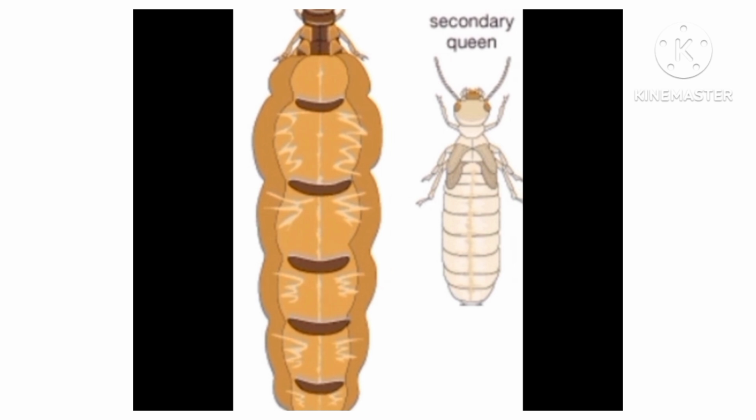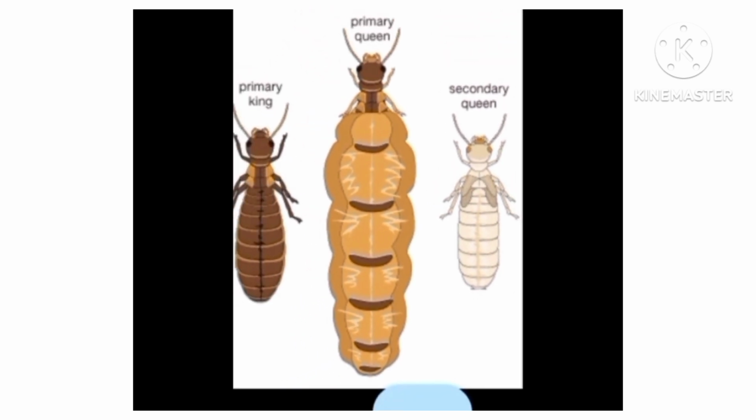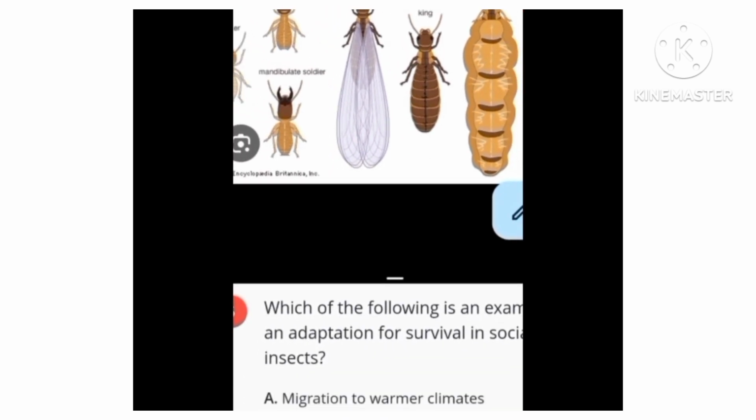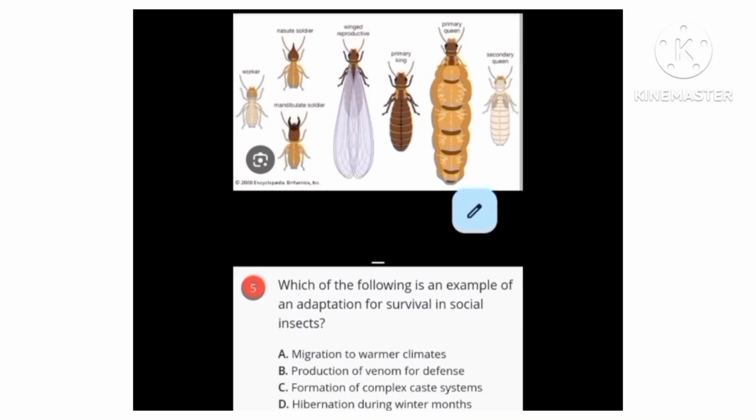So they go out and carry out nuptial flight for this purpose. That is the way they are able to reproduce and propagate themselves. So that is basically what that is about. So the best answer to that question is C, formation of complex caste systems.